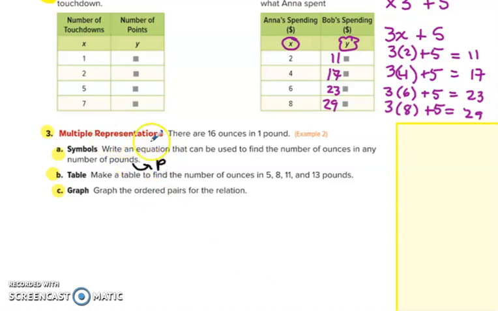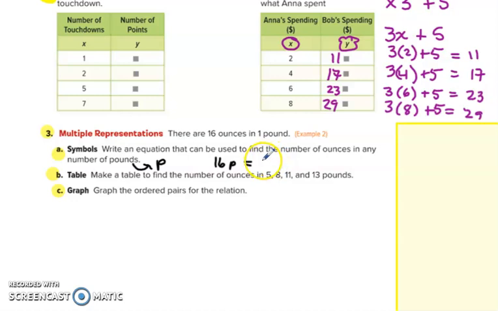And so here's the problem. There are 16 ounces in 1 pound. So they're saying after you add each pound, 2 pounds, 3 pounds, all those, what is going to be your equation for that? So we're going to have 16 times P equals the number of ounces.